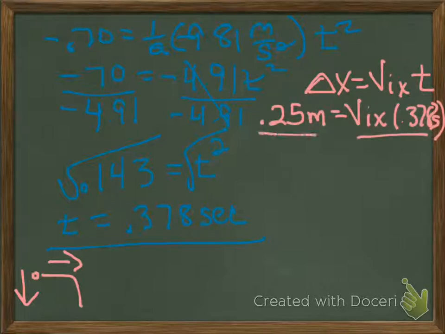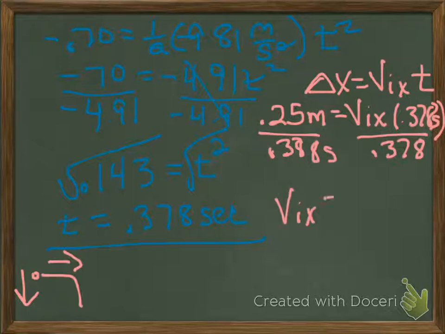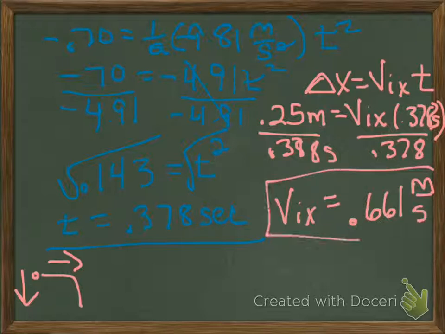Divide both sides by t, and we end up with my Vix equal to 0.661 meters per second, and we are good. Answer to the problem.